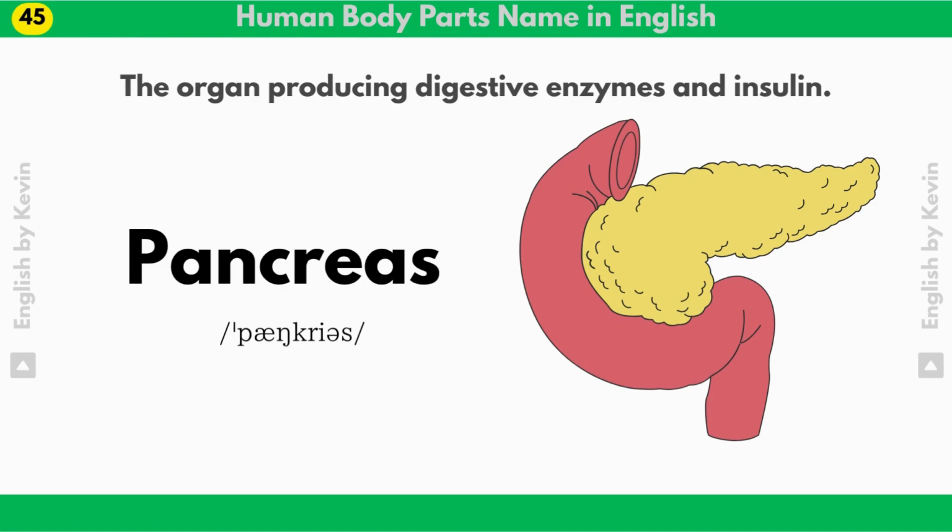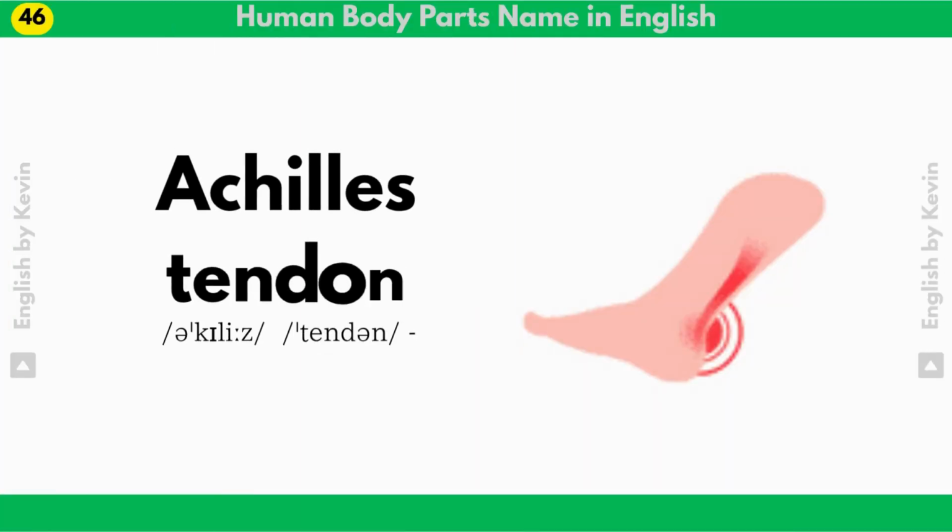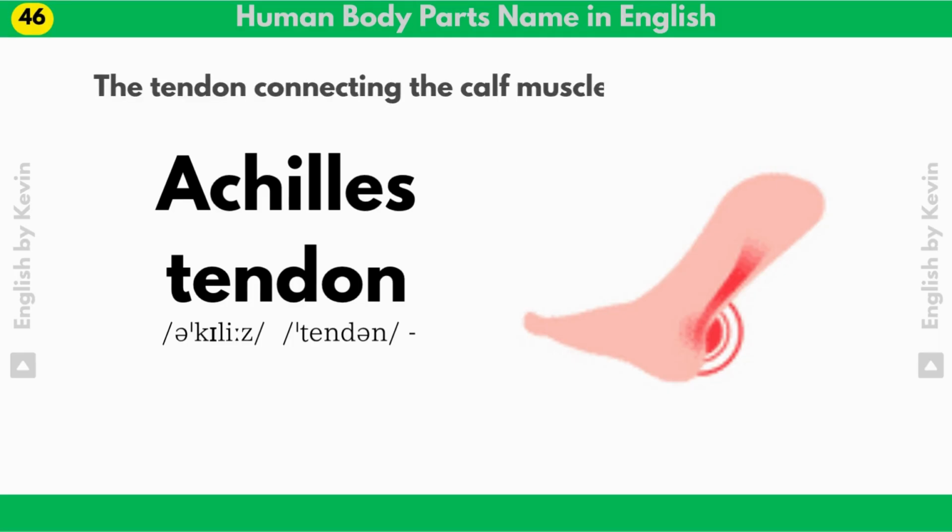The organ producing digestive enzymes and insulin. Achilles tendon. The tendon connecting the calf muscles to the heel bone.